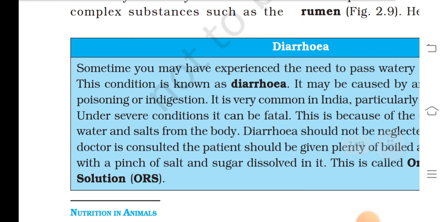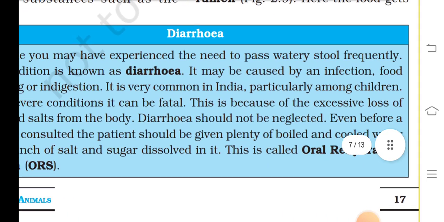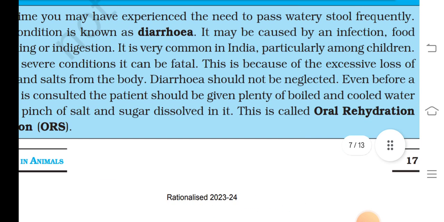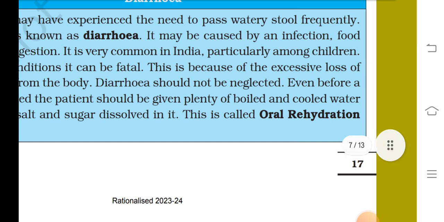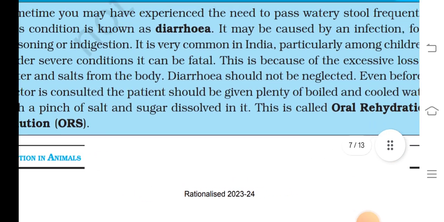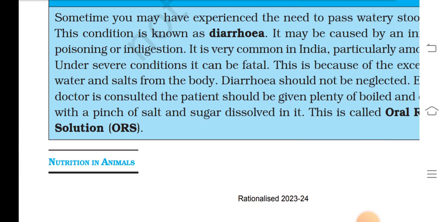Diarrhea. Sometimes you may have experienced the need to pass watery stools frequently. This condition is known as diarrhea. It may be caused by infections, food poisoning or indigestion. It is very common in India, particularly among children in underserved conditions.